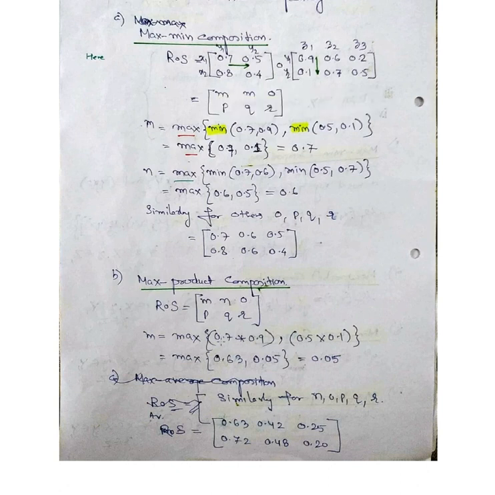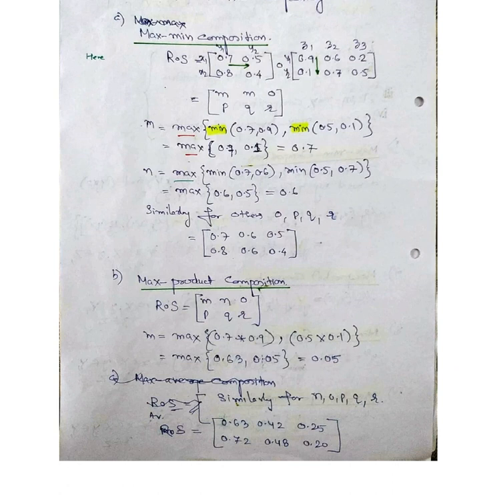You try to see here 0.7 into 0.5, 0.7 into 0.9, that is 0.63, 0.5 into 0.1, 0.05. Among this particular case, what is the maximum? It is 0.063. There is an error, you just ignore it.